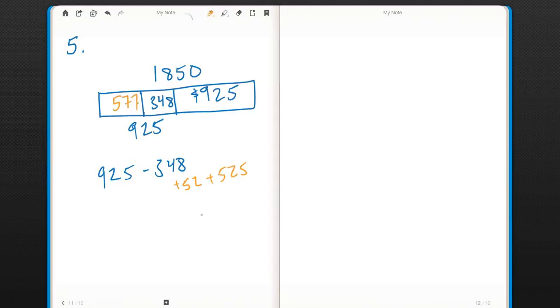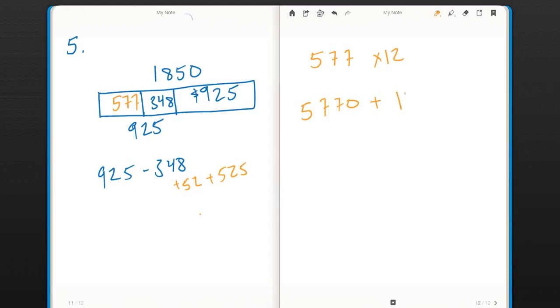in this box. And then I have to do 577 times 12, which I would do as 5,770, that's 10 577s, plus 2 577s, and when I combine those, I get 6,924.